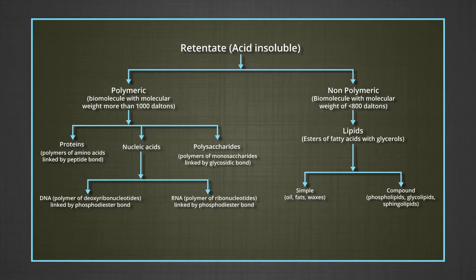The non-polymeric biomolecules include lipids. Lipids are the esters of fatty acids with glycerol. They are divided into two categories: simple and compound. Simple lipids include oils, fats and waxes. Compound lipids include phospholipids, glycolipids and sphingolipids.